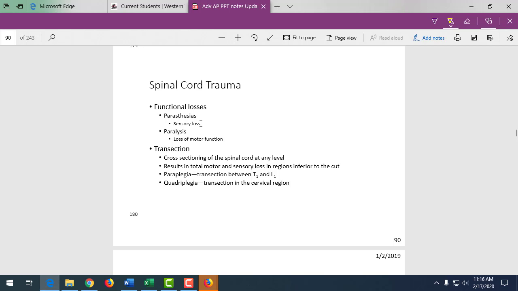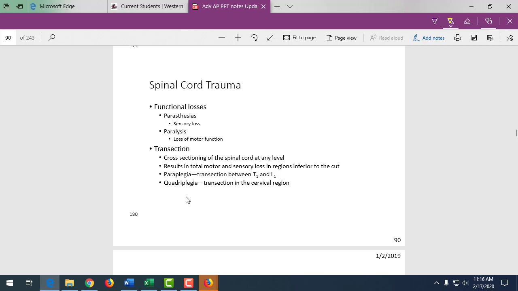So what nerve would be damaged if we have sensory loss? Dorsal root or ventral root portion? For sensory loss, which part of the nerve carries sensory information? Dorsal, yep. And the ventral is what would cause loss of motor function if we have damage to the ventral root of a spinal cord.